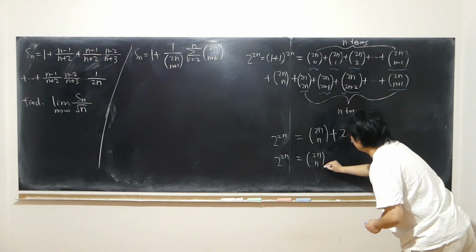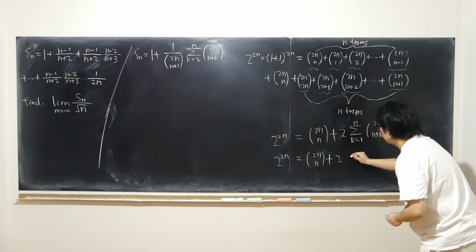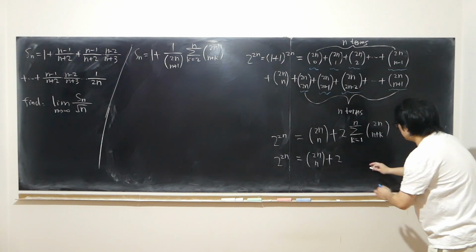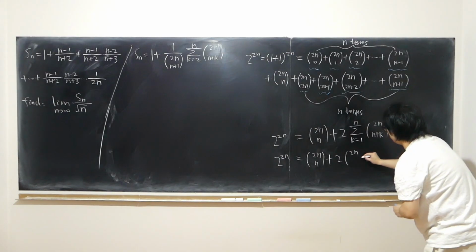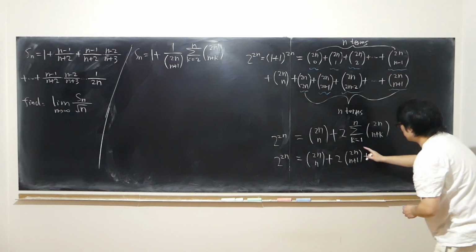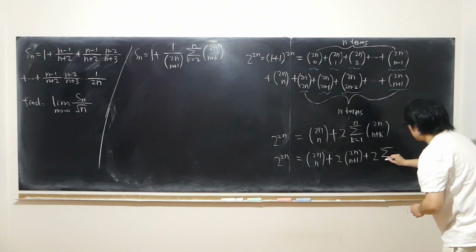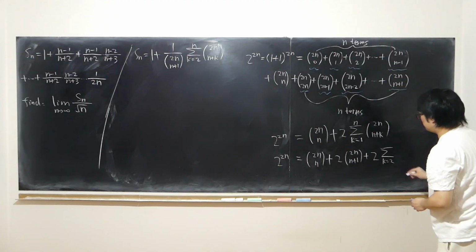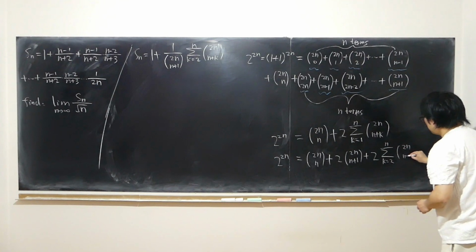Copy it down, single out the first term to distribute 2. So the first term would be 2n choose n plus 1. Distribute this 2 to the remaining sum, k from 2 to n, 2n choose n plus k.